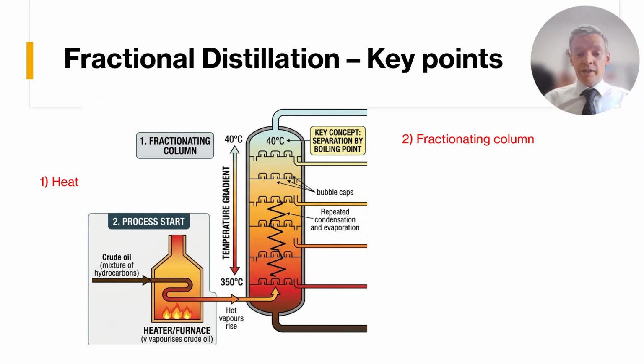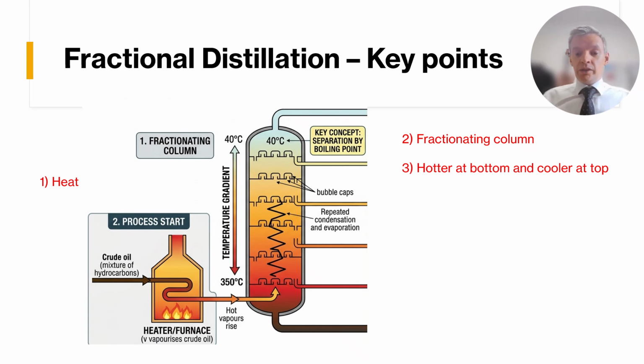Now the fractionating column has a temperature gradient in that it's hotter at the bottom and it's cooler at the top. These are all exam specific points. So the shorter hydrocarbons will have lower boiling points and they will rise up through the column until they get to a temperature that's below their boiling point.